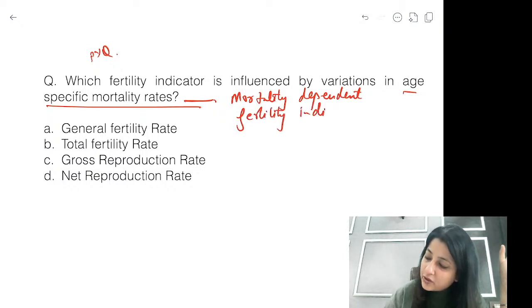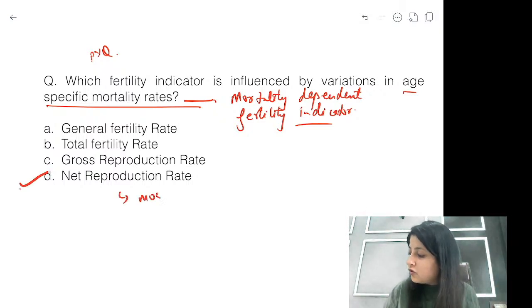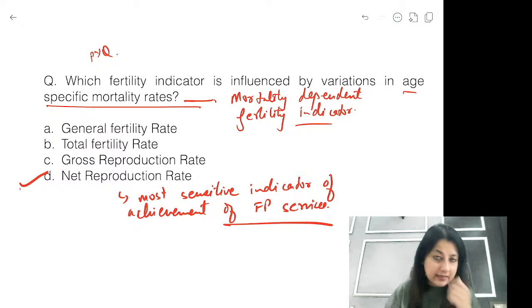So what is the mortality dependent fertility indicator, guys? Net reproductive rate. It is the most sensitive indicator of achievement of family planning services.